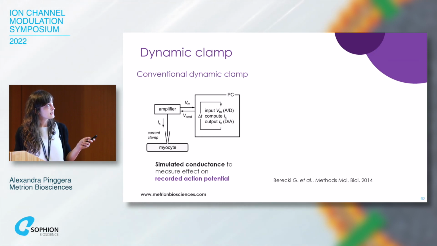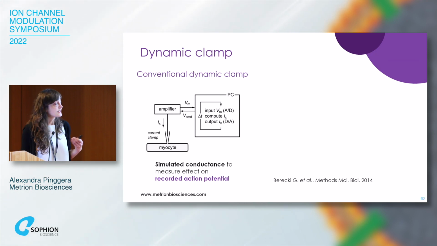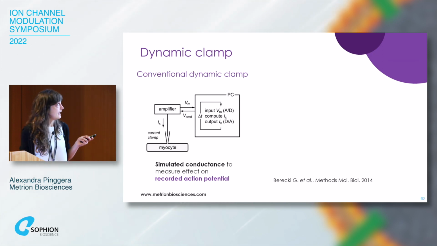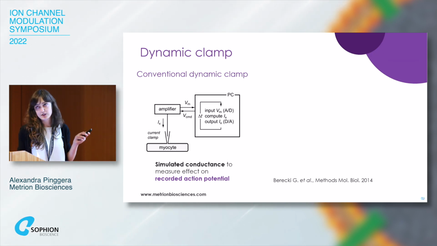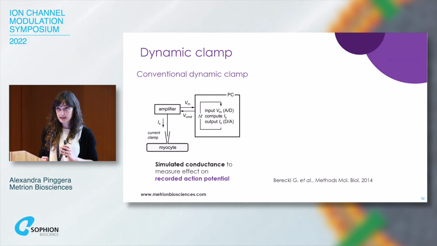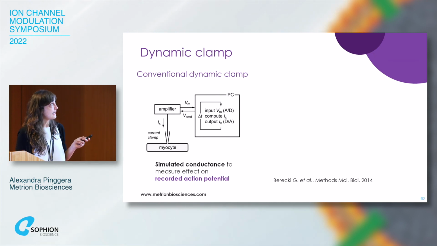The model, as a result, calculates the membrane potential-dependent current to be injected back into the myocytes, which then causes an instantaneous change in the membrane potential of the cell, and this is then fed back and changes the model accordingly. But what's important is that these systems are in continuous communication with each other, so a change in the cell will affect the model instantaneously and vice versa.